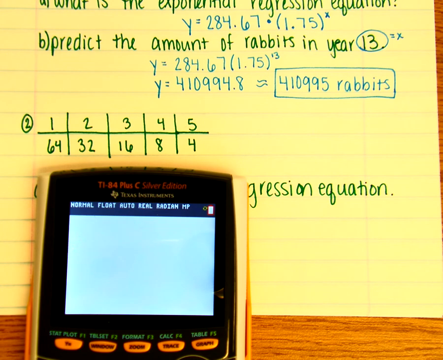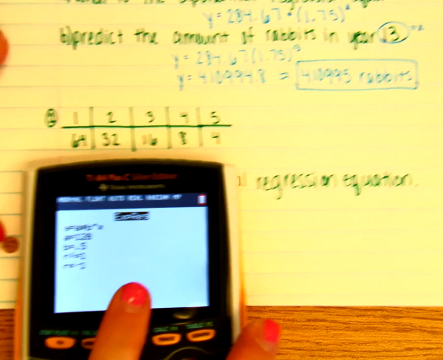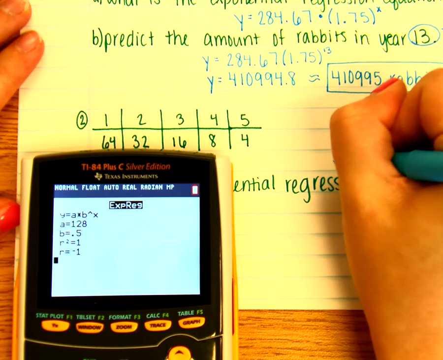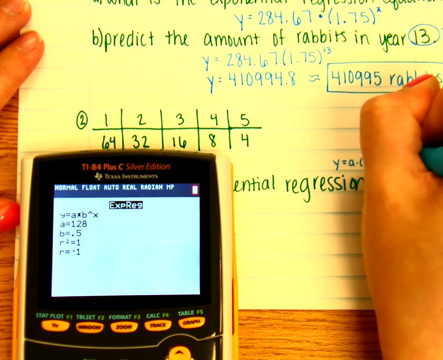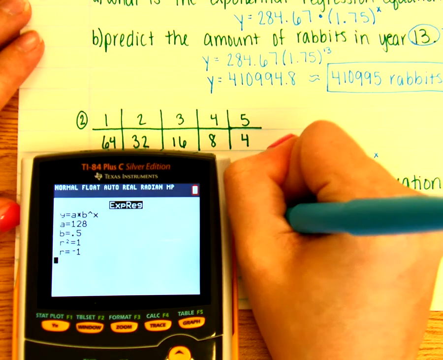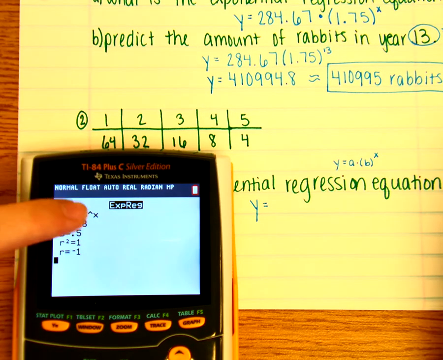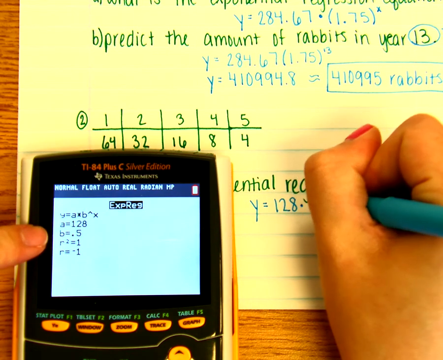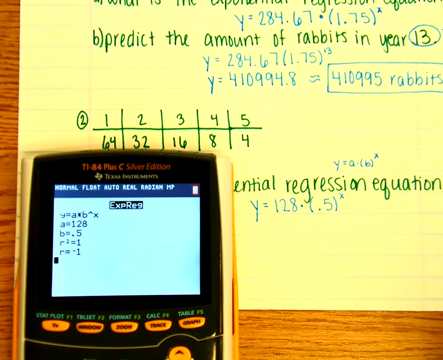Enter, enter, enter. And then I get this function. It's always y equals a times b to the x power, so don't get it confused with the linear one. Okay, 128 times, in parentheses, 0.5 to the x power.